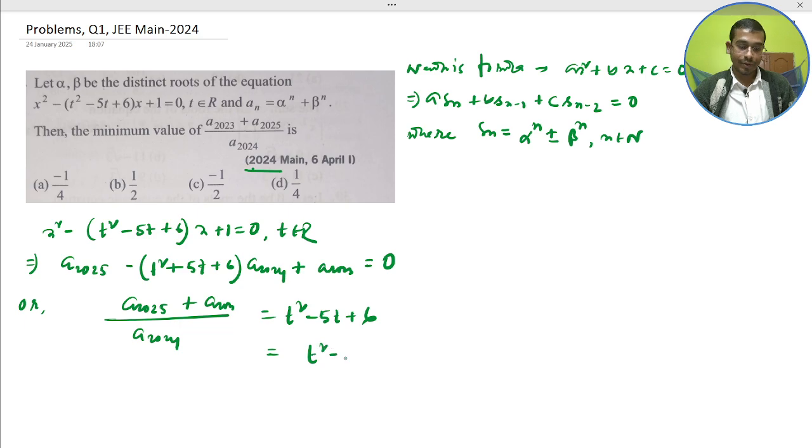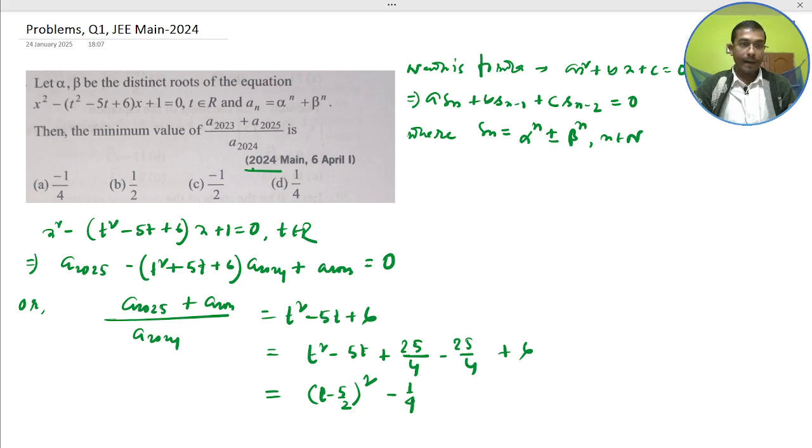Just calculate t^2 - 5t, we make the whole square term, plus 25/4 minus 25/4, plus 6 as it is. So it becomes (t - 5/2)^2 - 1/4.